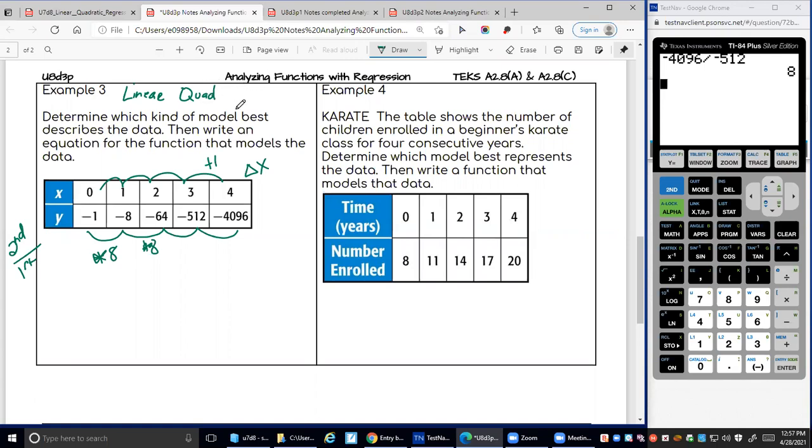This one is exponential. Exponential is when you are multiplying or dividing by the same thing every single time. Quadratic is adding and subtracting, like linear, and exponential is all about multiplying or dividing by the same number every time.